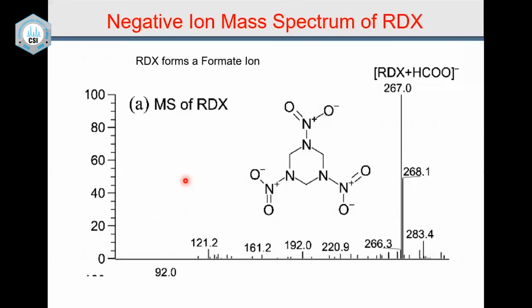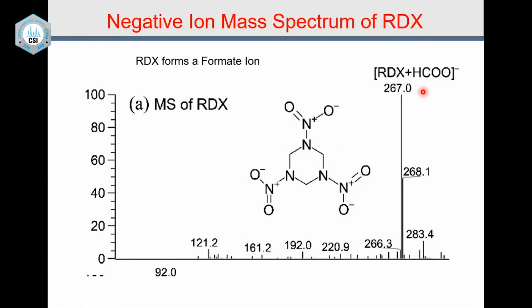Okay, I mentioned RDX. I was looking for a good slide of RDX, and you can see this type of nitro groups present in RDX. This is a plastic explosive, which is very, very bad. As I mentioned the other day, on the first day, I got a beautiful spectrum, and this is negative ion mass spectrometry, where a formate ion just gets added to it. It is always interested in electrons, so it gets added.